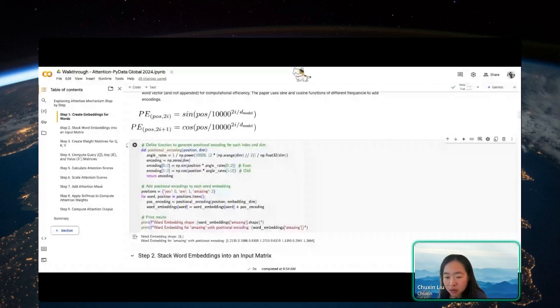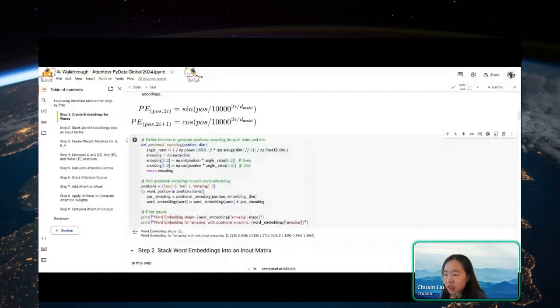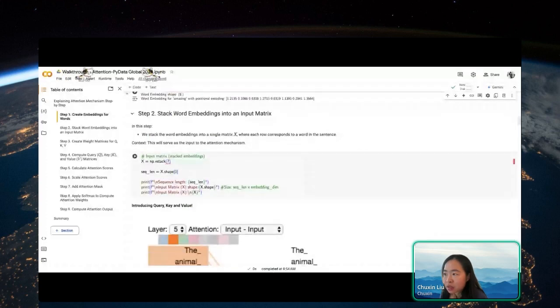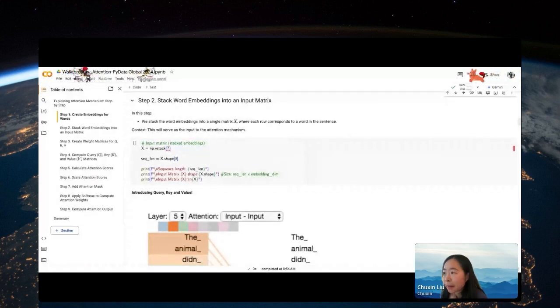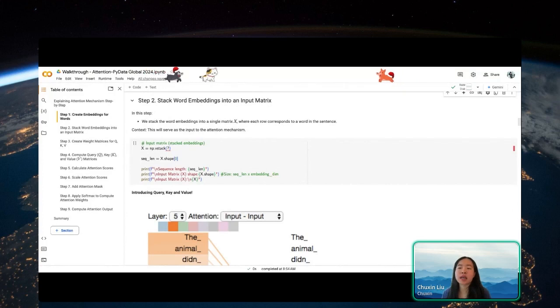Okay, so here we are done with step number one. Now we have embeddings for every word. Let's move on to step two. In step two, we just want to stack three vectors into a matrix.